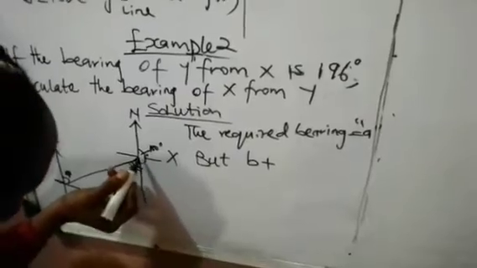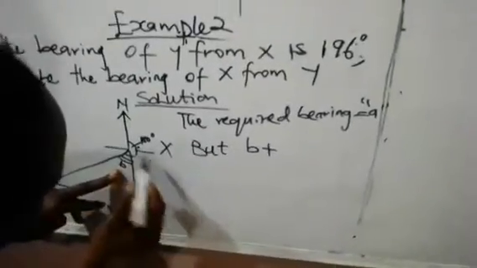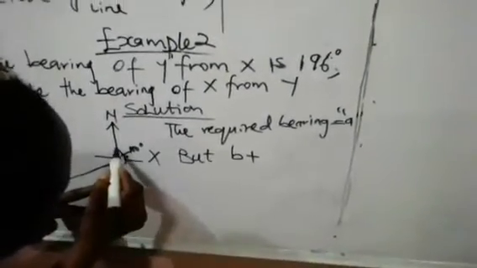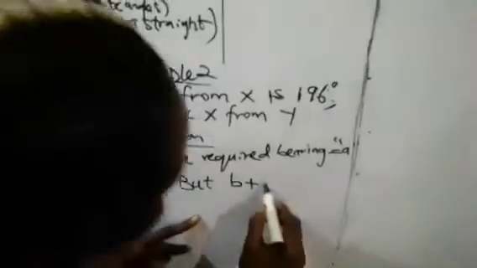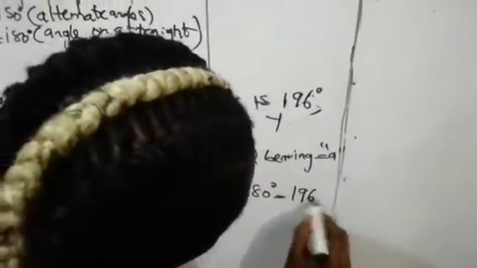I'm supposed to put this 180 inside here, but for you to see, that's why I brought it out. So we have B plus 180 plus our bearing, which is 196 degrees. 180 degrees equals 196 degrees.